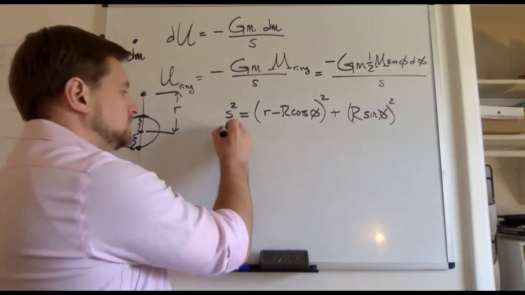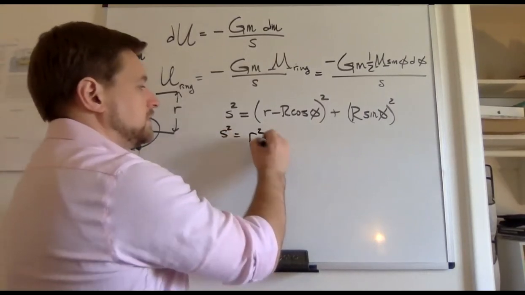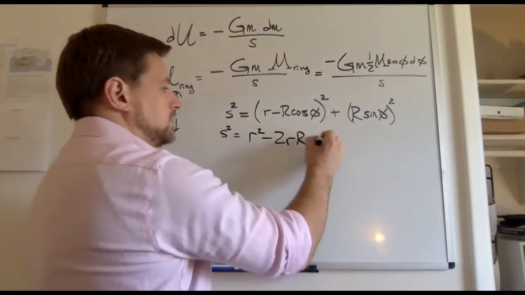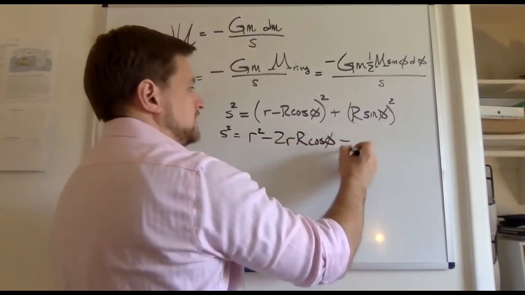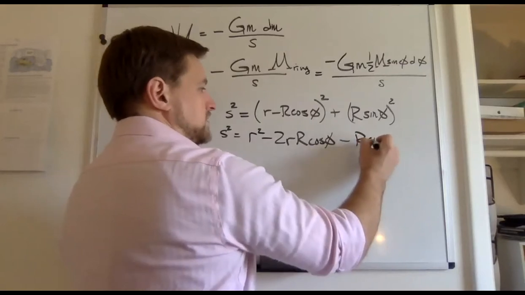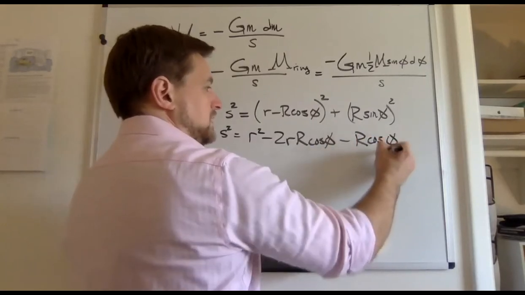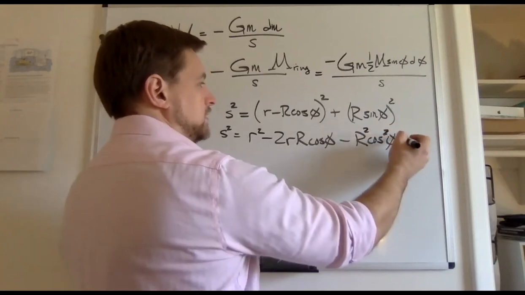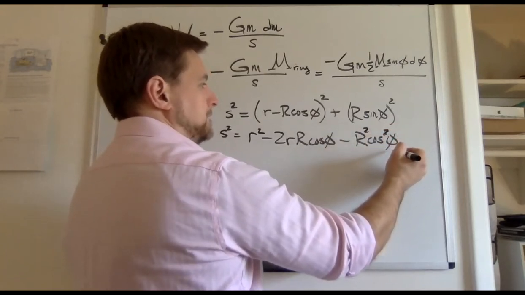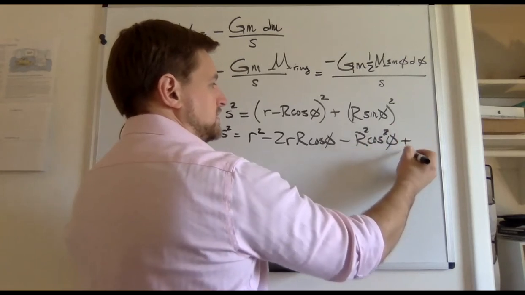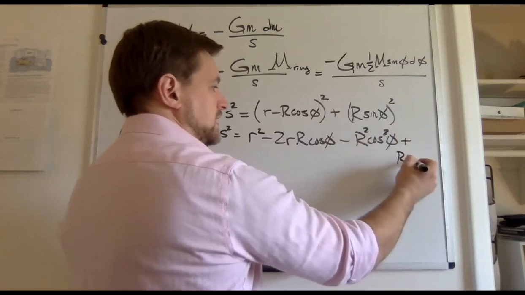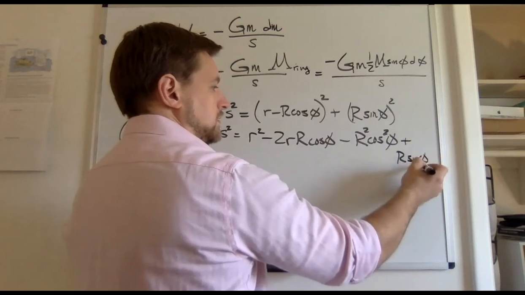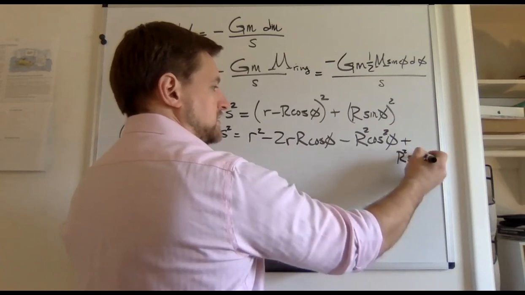Let's FOIL this out. r squared minus 2r cosine phi minus r cosine phi r squared, plus r squared sine squared.